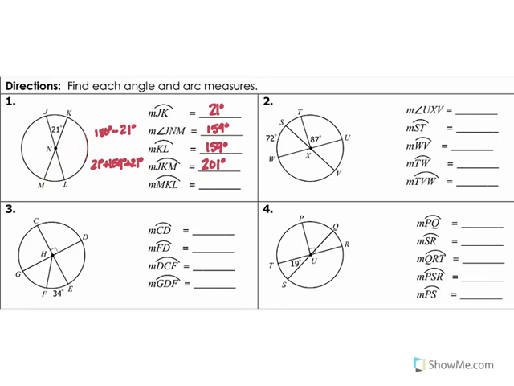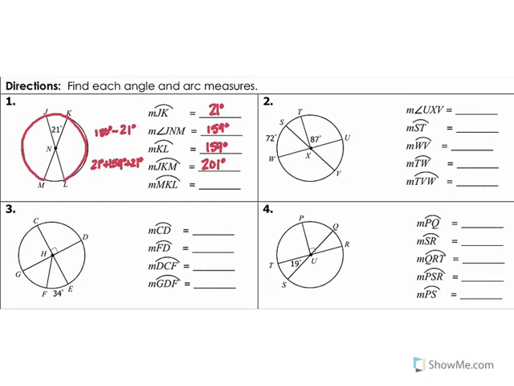Now we need the measure of arc MKL. It's super important that you go in order, because if I were to go to L first, I would have this little piece included in there, and that is not included in there.